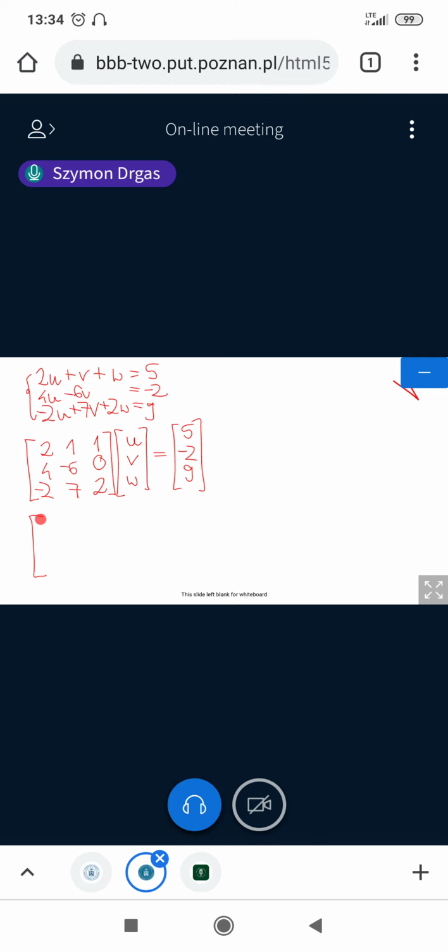So I can write another example. Now we can use only numbers in both matrix and vector.